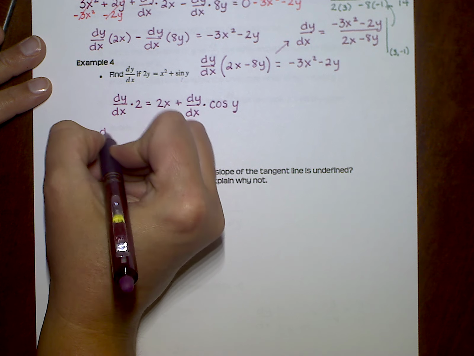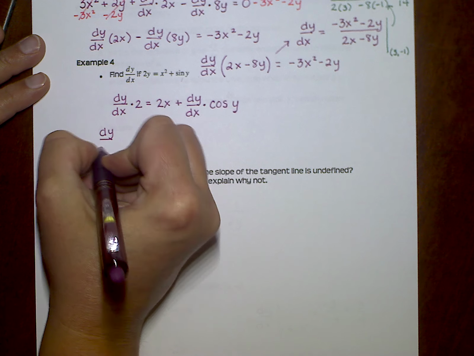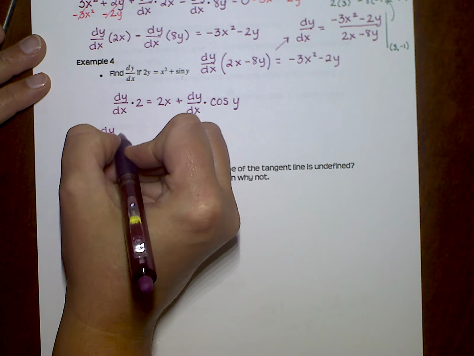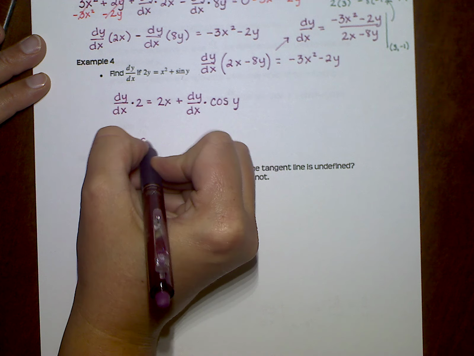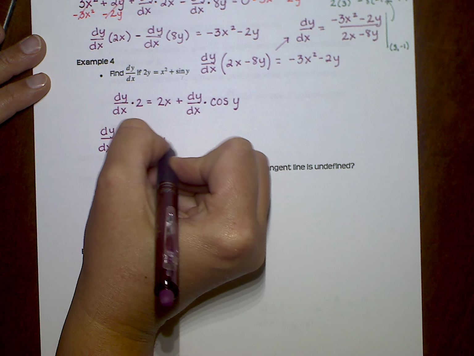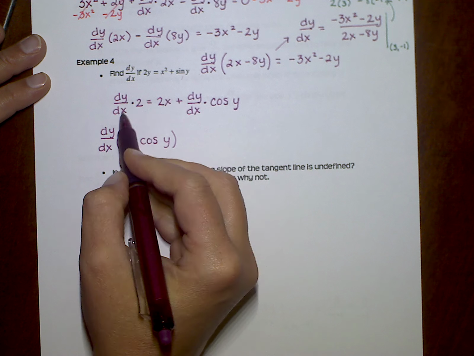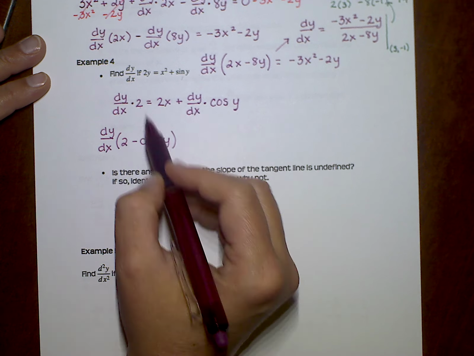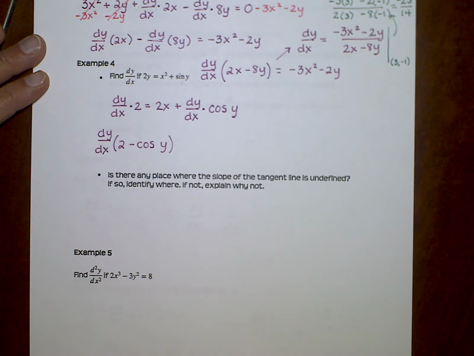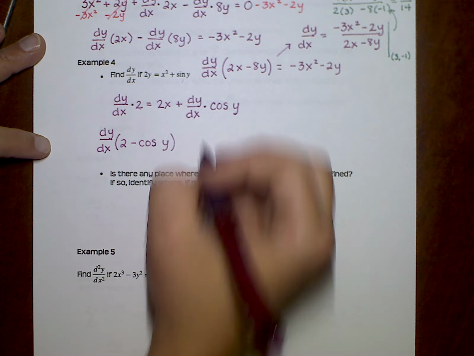So I'm going to say dy dx, and then I'm going to have 2 minus cosine y, because the left side would say dy dx 2 minus dy dx cosine y, and then I'm pulling the dy dx out in front, so I have 2 minus cosine y.